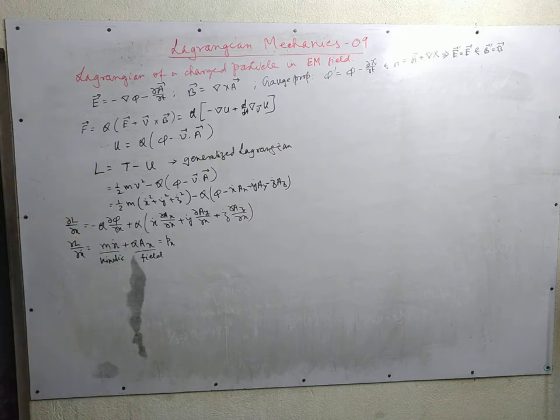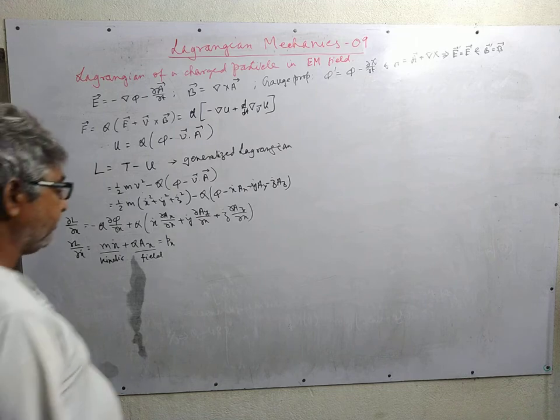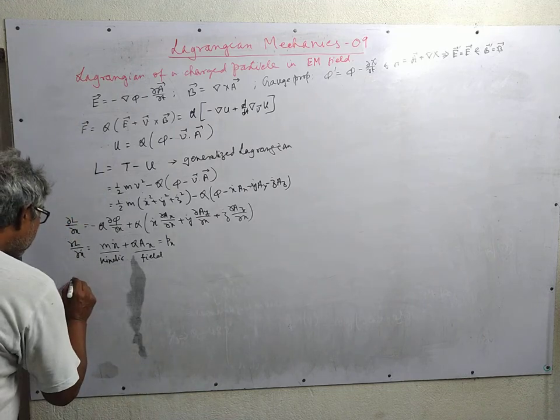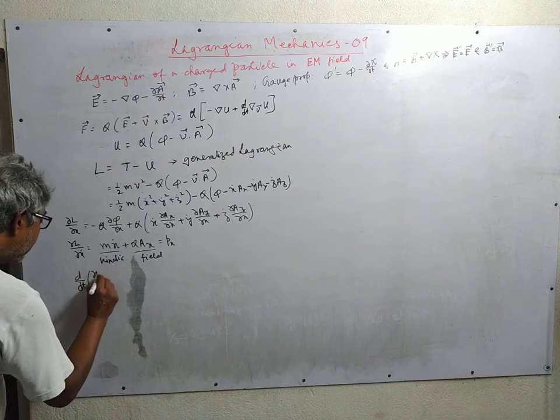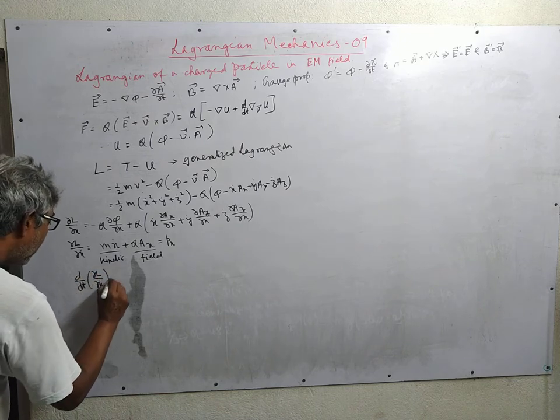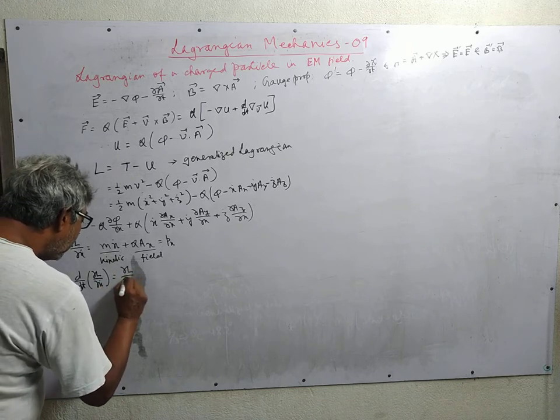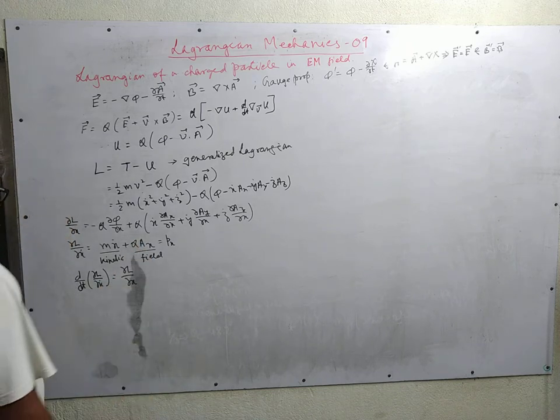Now let me write the Lagrange equation for it. The Lagrange equation is d/dt of del L del x dot is equal to del L del x.